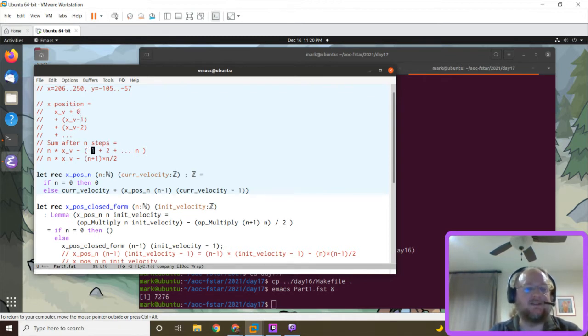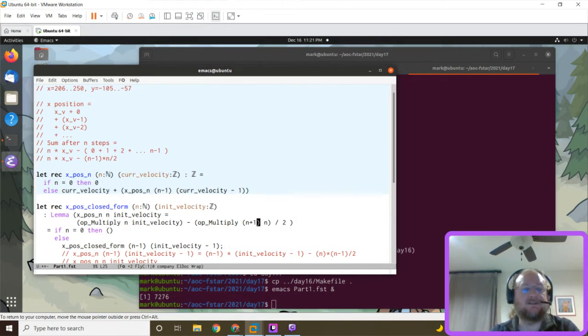So it's actually 0 plus 1 plus 2 plus n minus 1. Yeah, after one step, it's 0. All right, there we go. So that is n minus 1 times n over 2.